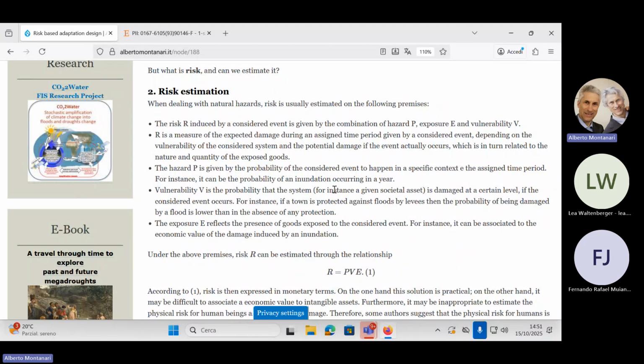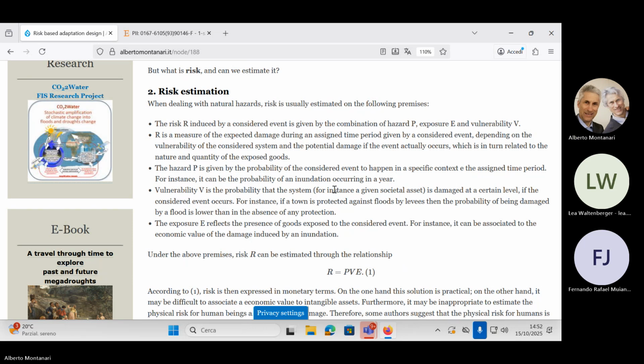When you talk about risk, there is something more that comes into play. So the hazard is given by the probability of the considered event to happen in a specific context and the assigned time period. So for instance, let's refer again to the earthquake. Probability that in 1 year you get an earthquake with magnitude more than 3.